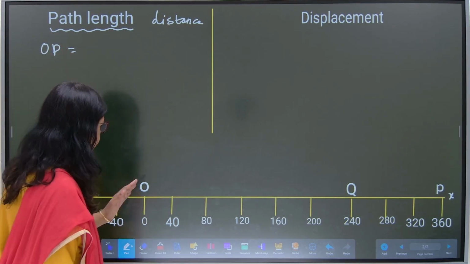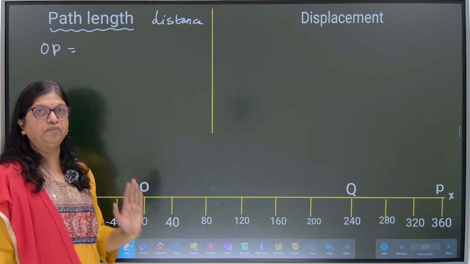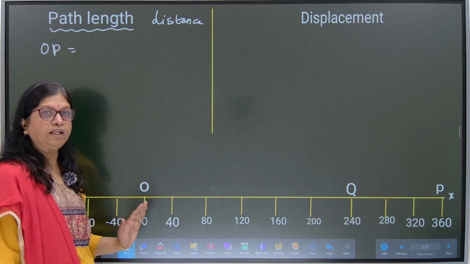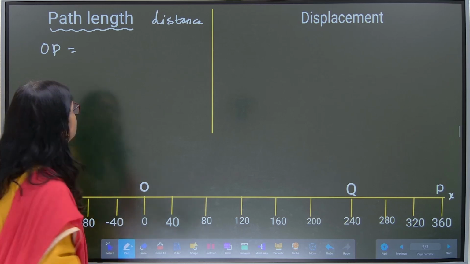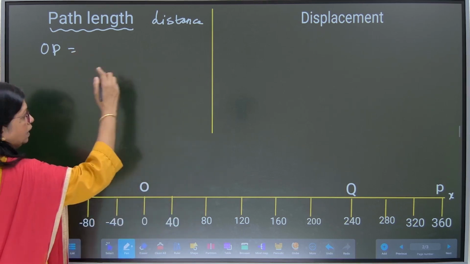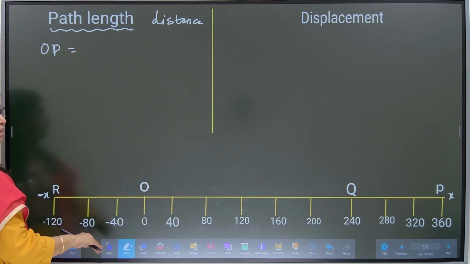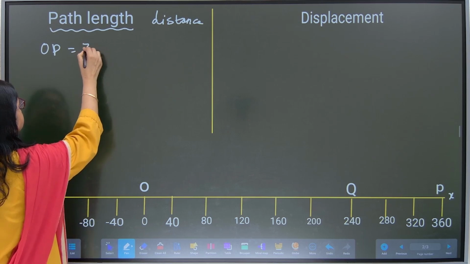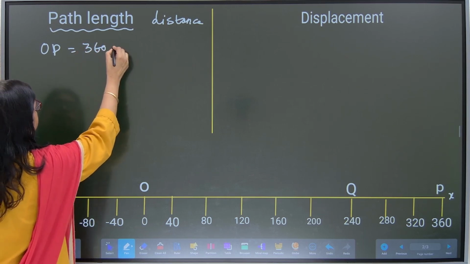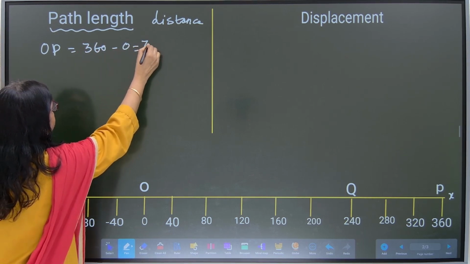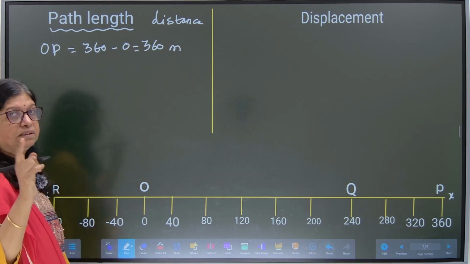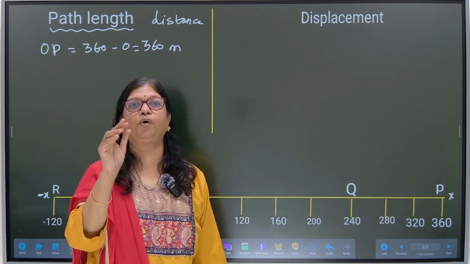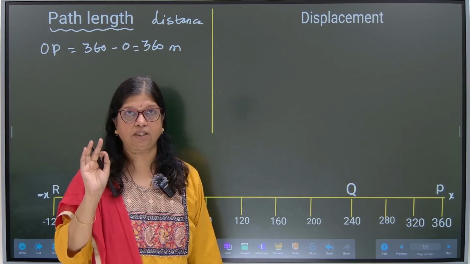Okay. Now, from O to P, we can consider the body to move from 0 to 360 meters. So, we can write distance OP is 360 minus 0, that is simply 360 meters. This is the distance covered by the body in consideration.